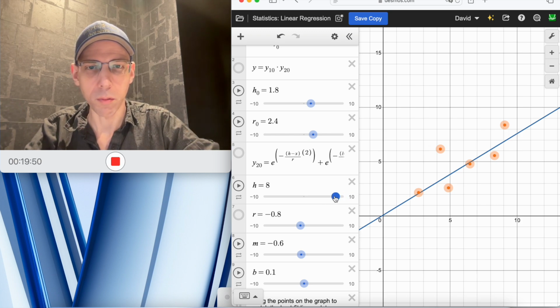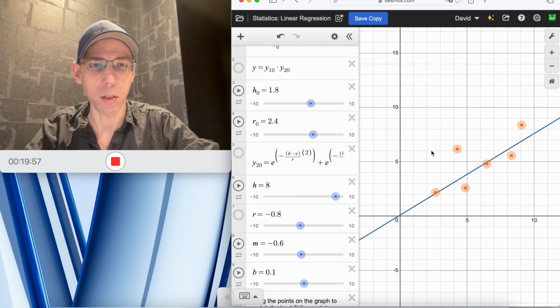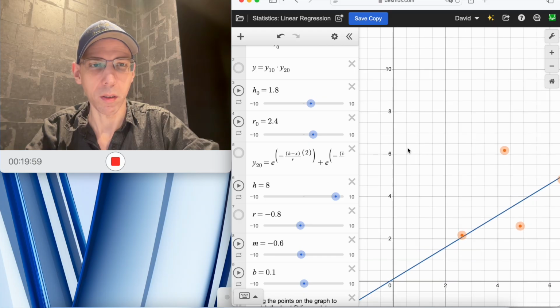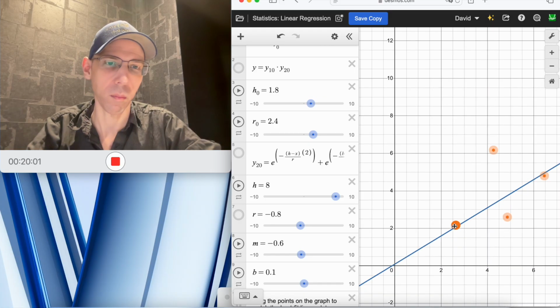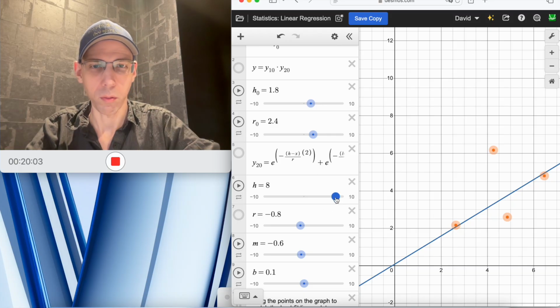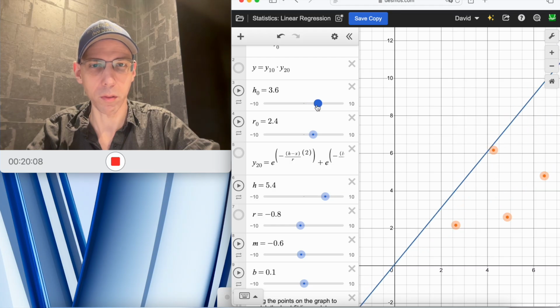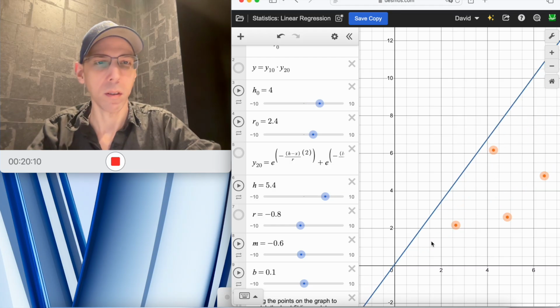So what do we do? We look at the height from this point, initially maybe to this point. That change is going to be roughly 6 minus 2, so that's going to be somewhere around 4. So we make our h around 4. Look at that. Perfect slope, right?